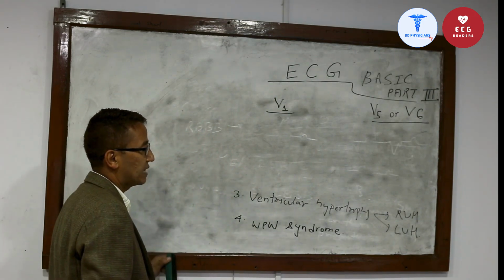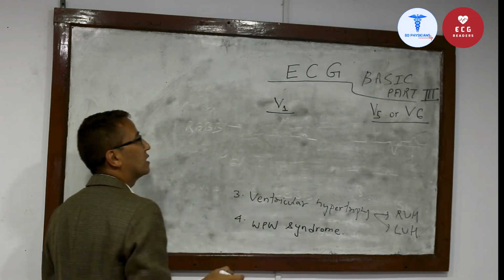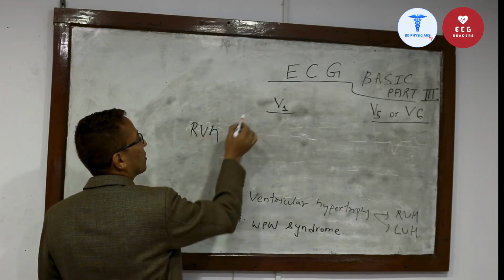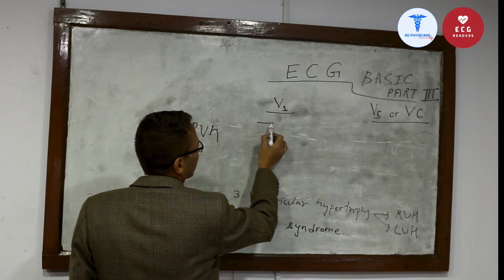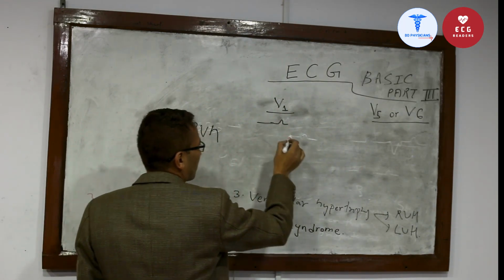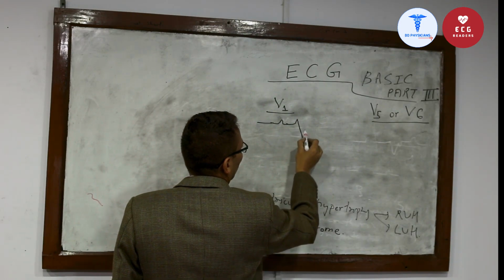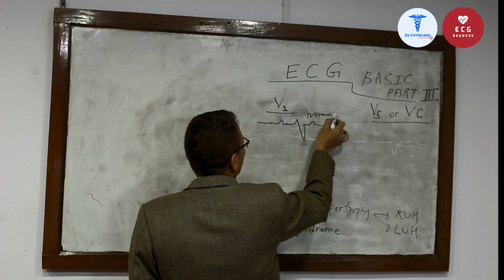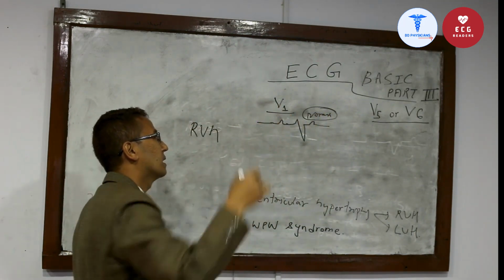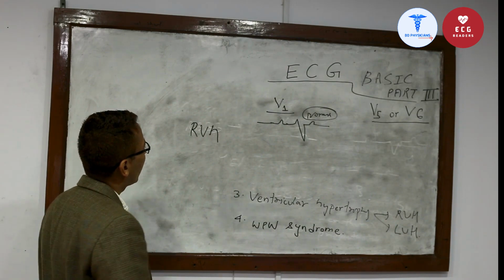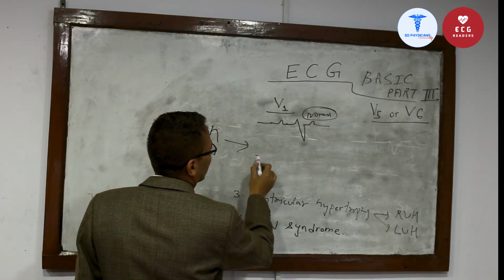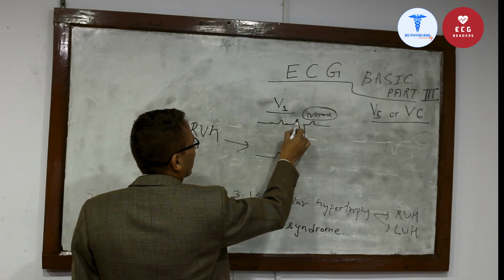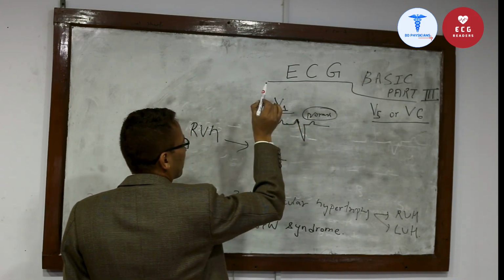In V1, the QRS complex is normally negative, and the R wave is normally very small.